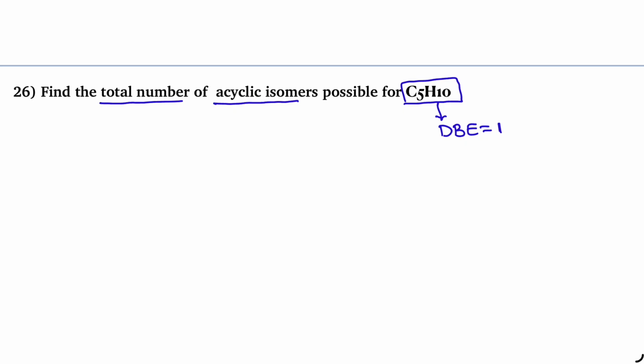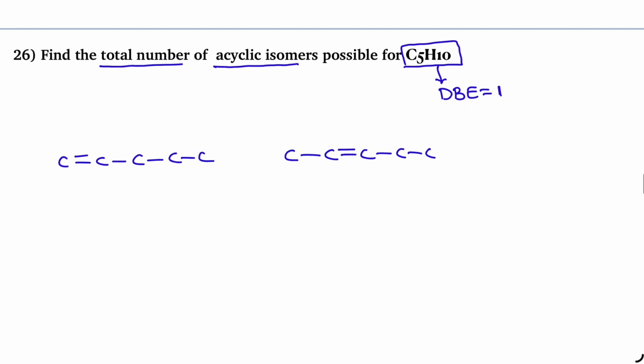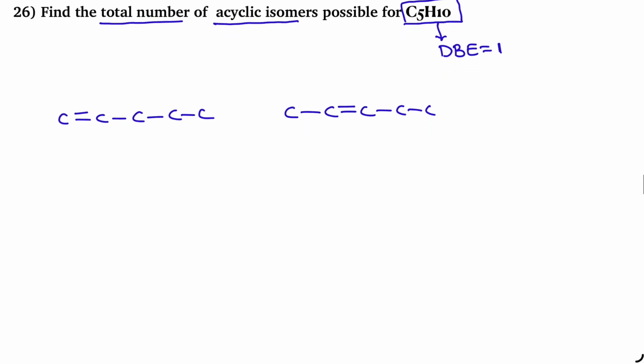So we can write a double bond, but we are not going to write a ring system because the question says only acyclic isomers. So this is 1, 2, 3, 4, 5, pent-1-ene, 1, 2, 3, 4, 5, pent-2-ene, and even if you shift the double bond to this position, that becomes pent-2-ene only. First I will write all the structures, then I will incorporate stereoisomers.